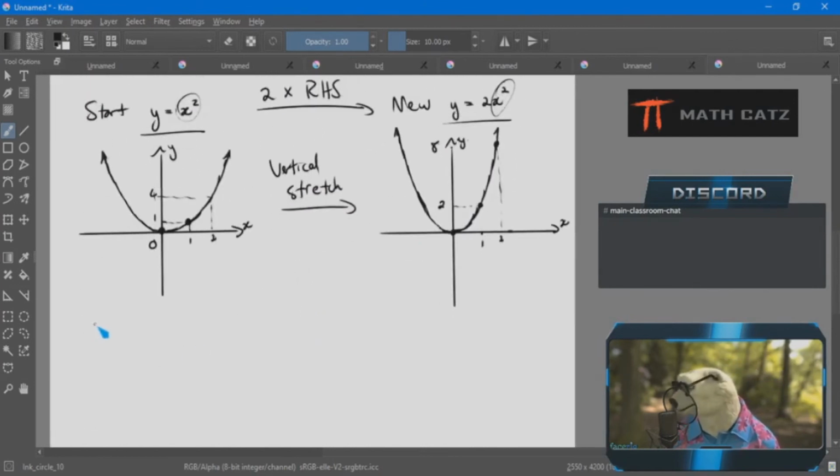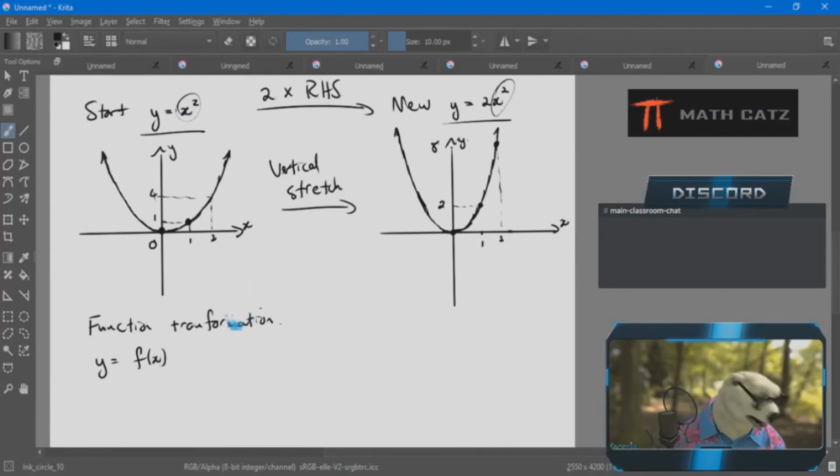So, let's summarize it over here. So if I have a function transformation, I have some function, right? We're not married to this x squared. It could be any function. Who cares?